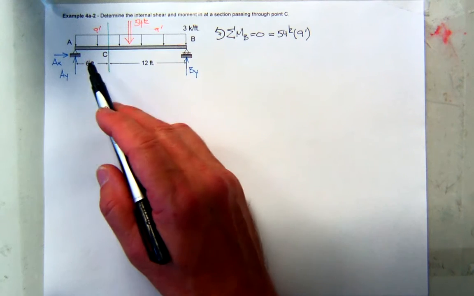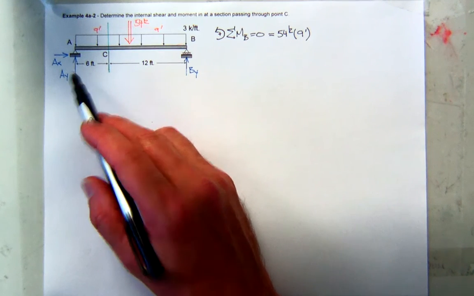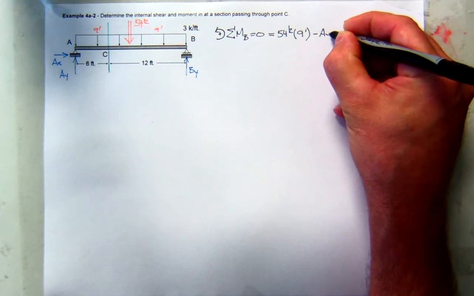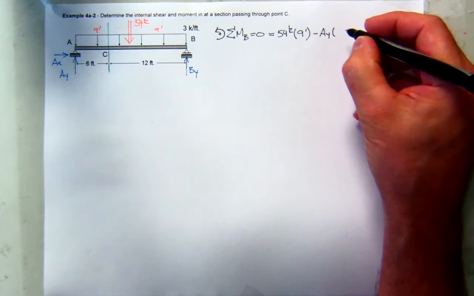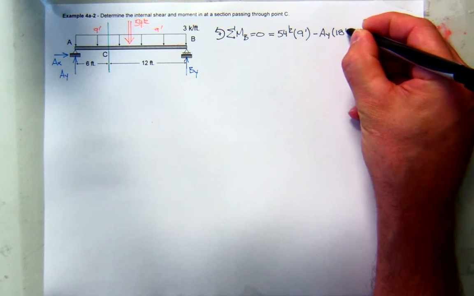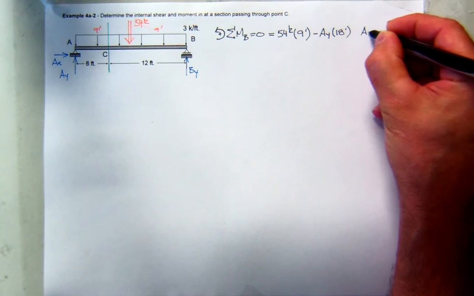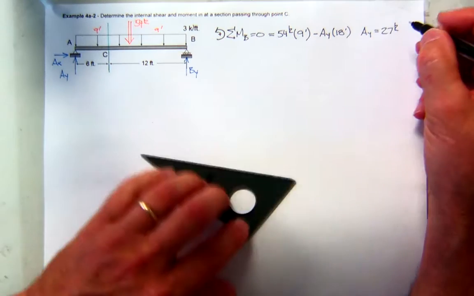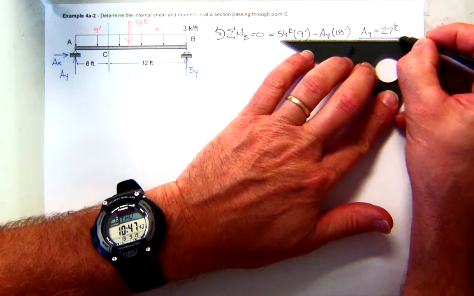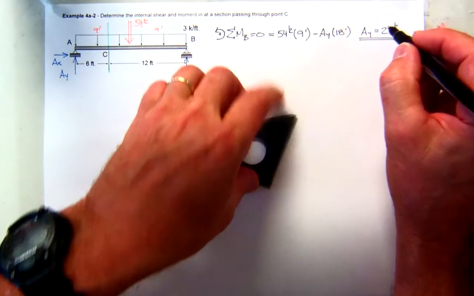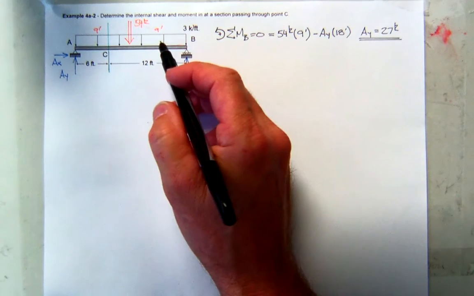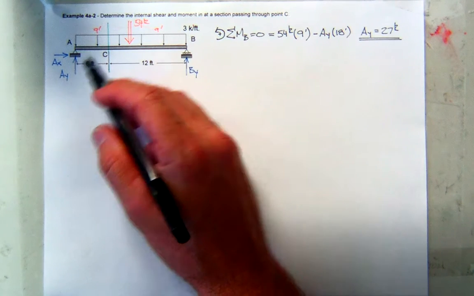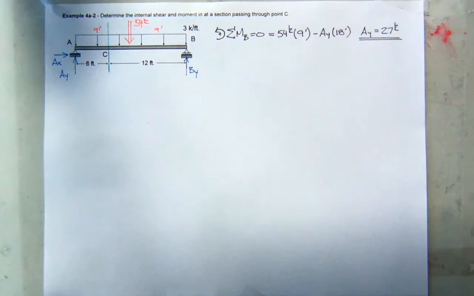In response, the reaction pushes up, which creates negative moment. The force is AY and the distance is 18. So AY is going to be 27 kips. That's not surprising. With this uniform load of 54, you'd expect half to be held by A and half by B. And that's what I got. 27's half.